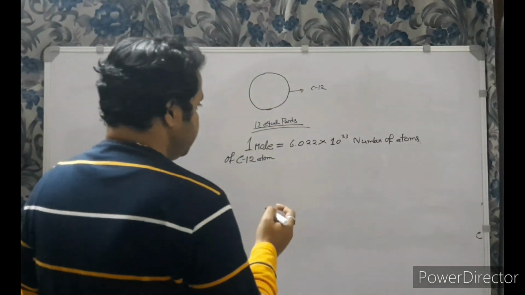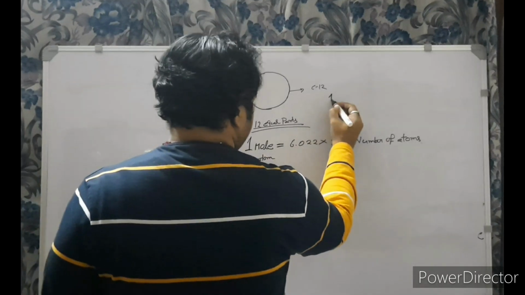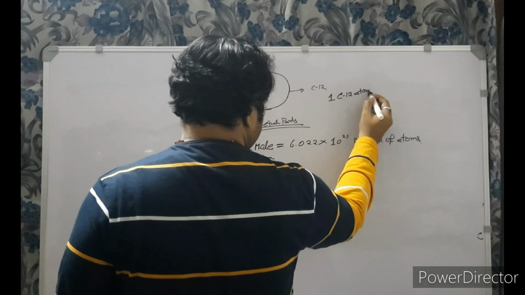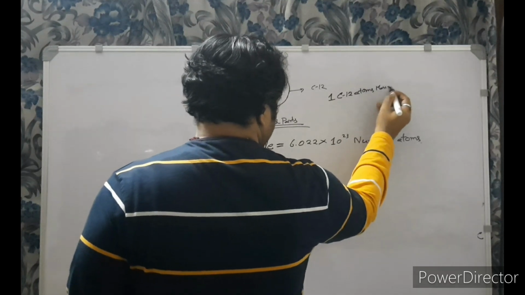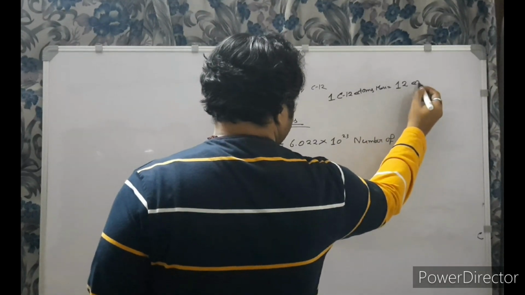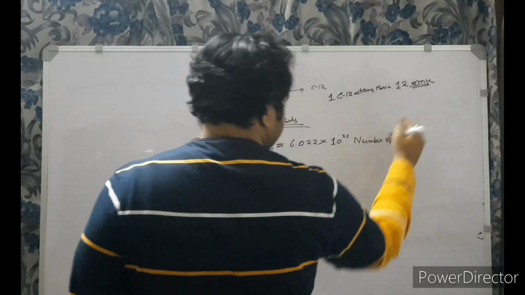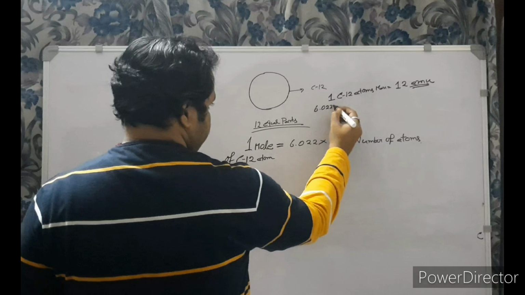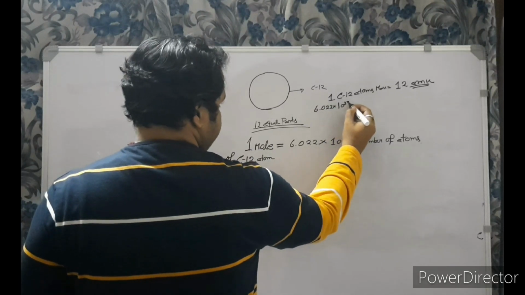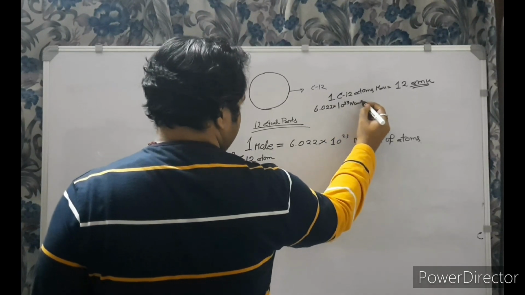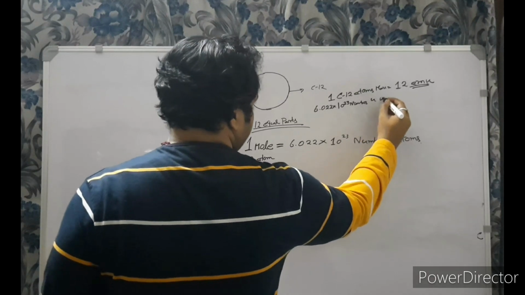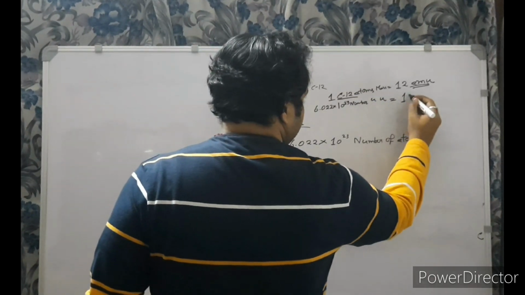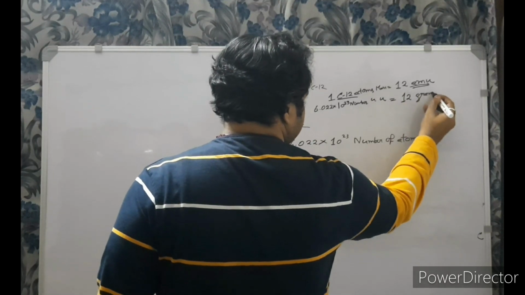Like what? Like 1 carbon 12 atom's mass was 12 AMU. Then it was measured that 6.022 into 10 to the power 23 number of atoms of carbon 12's mass will be 12 gram.